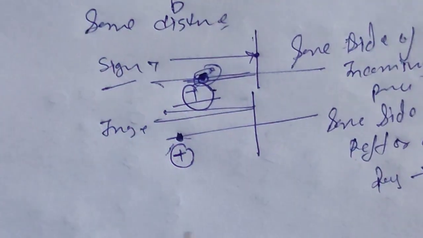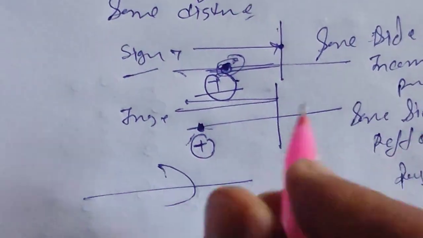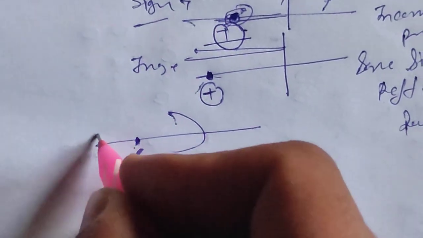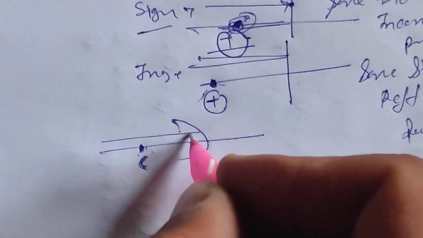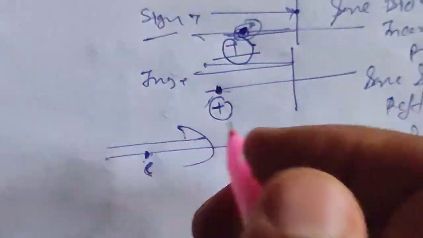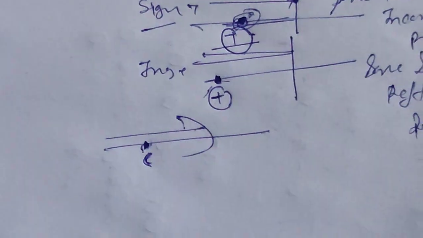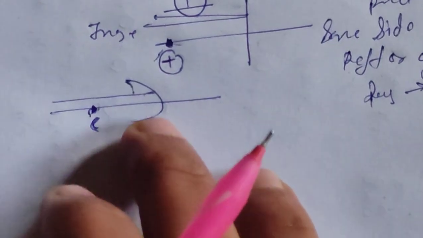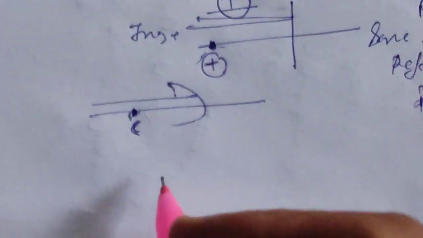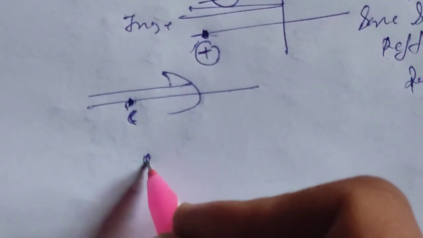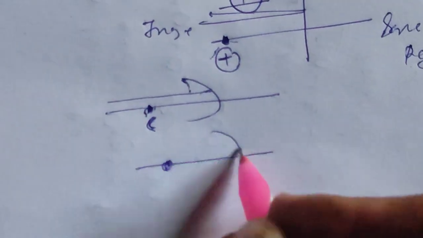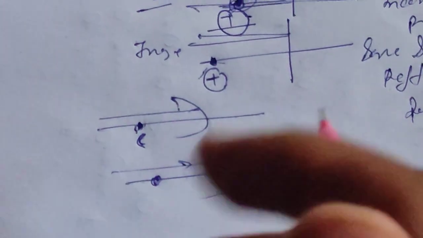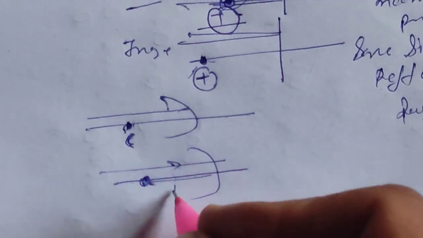Okay. For a spherical surface, we talk about the center of curvature. If the center of curvature is on the same side of the reflecting surface, in a spherical mirror either concave or convex, where the incident and reflected rays come, then in that case the radius of curvature becomes positive.